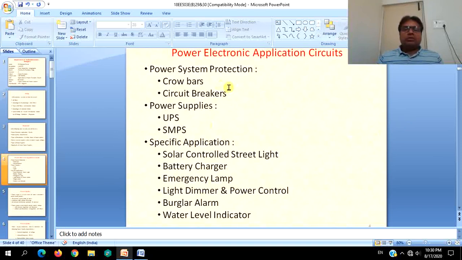So the needs or requirements are particularly a protection requirement, a power supply requirement to suit the load voltages and currents, and also maybe backup, and specific applications. For all these things we have to design power electronic circuits in different fashion by implementing all that we have studied in the previous units.